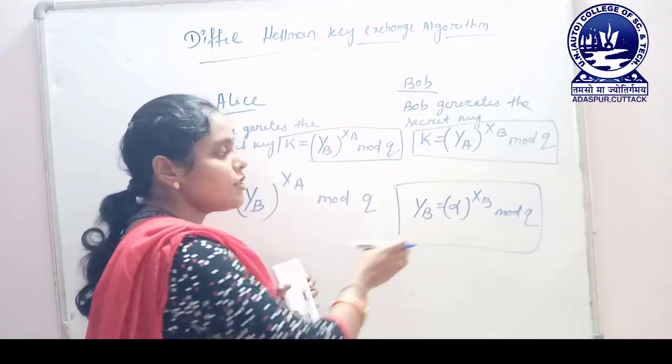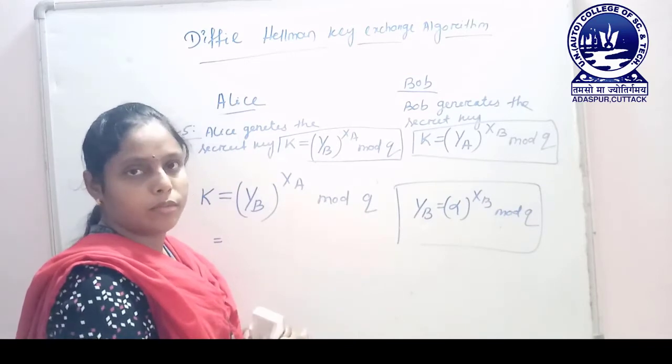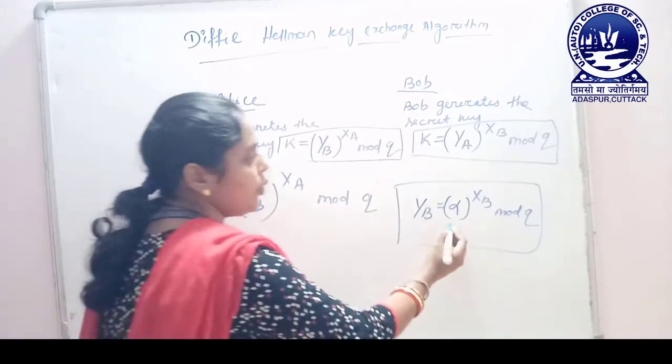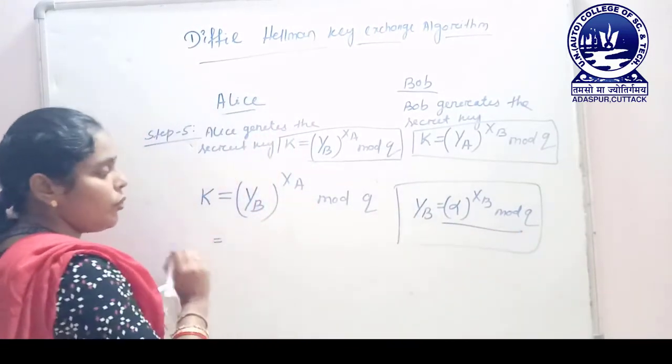Here YB is the public key of Bob, which is generated by Bob. Now put this value in place of YB.